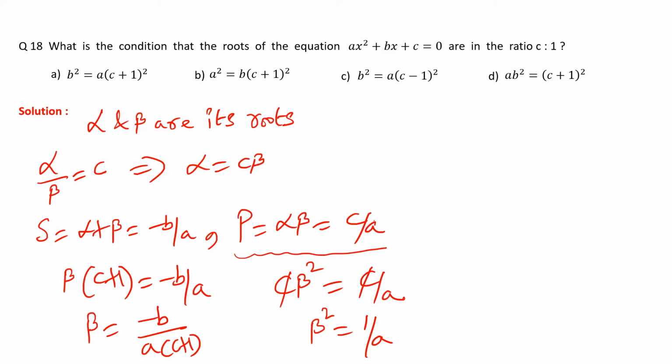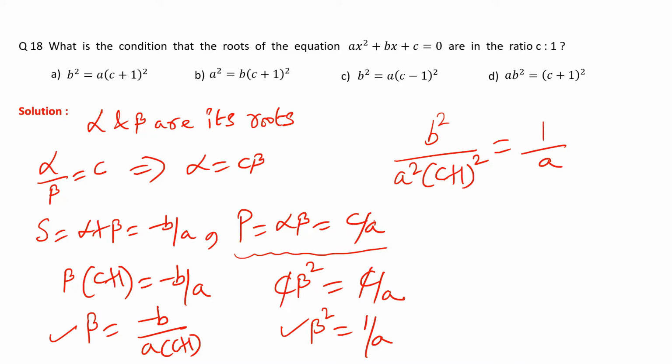Now what you have to do, square this equation, get the value of beta square and equate with the value of beta square in this equation. Okay, so now it becomes b square upon a square into c plus 1 whole square equal to 1 upon a.